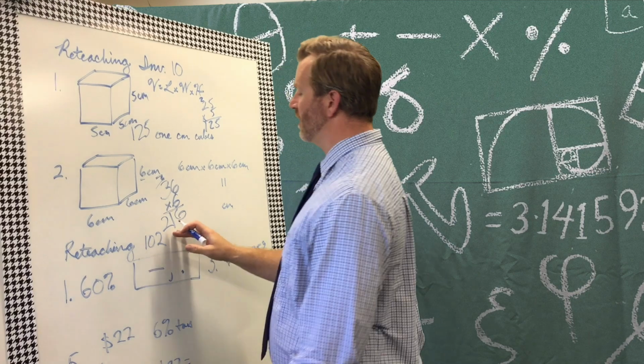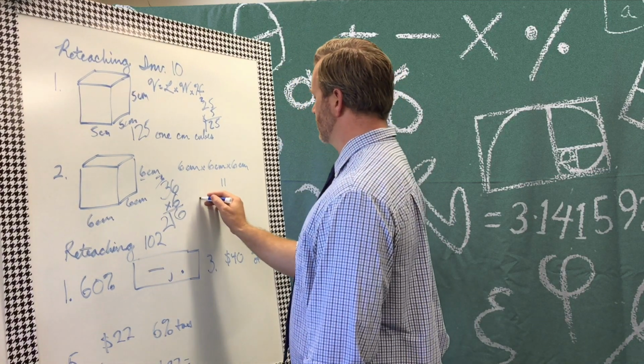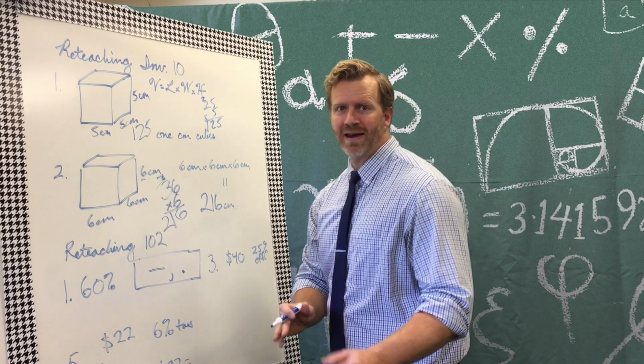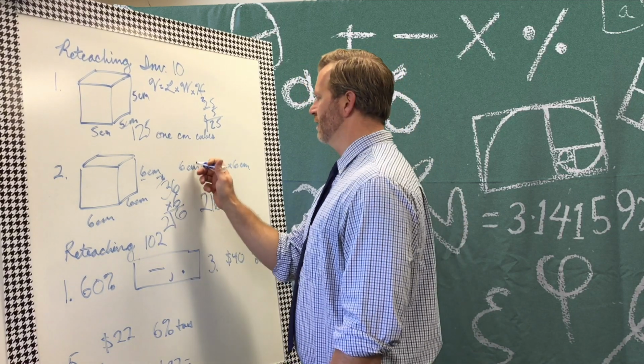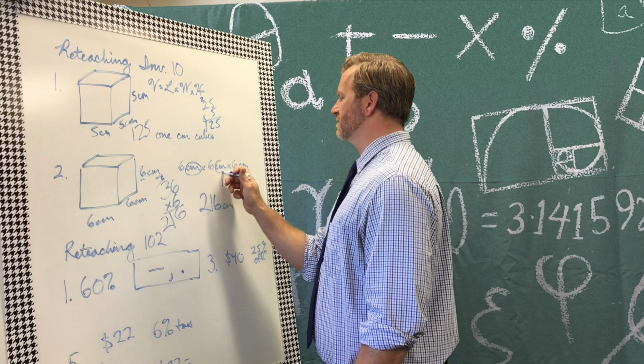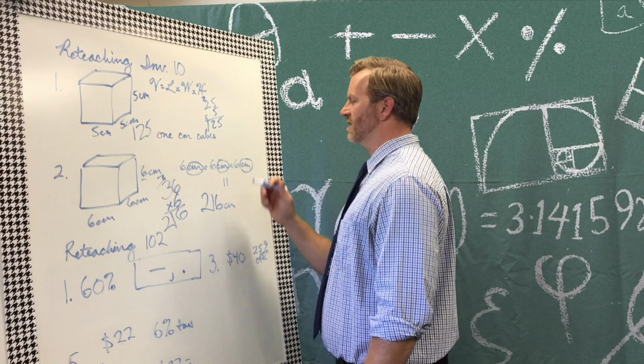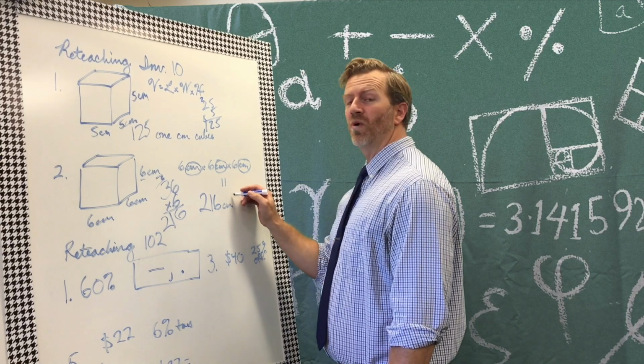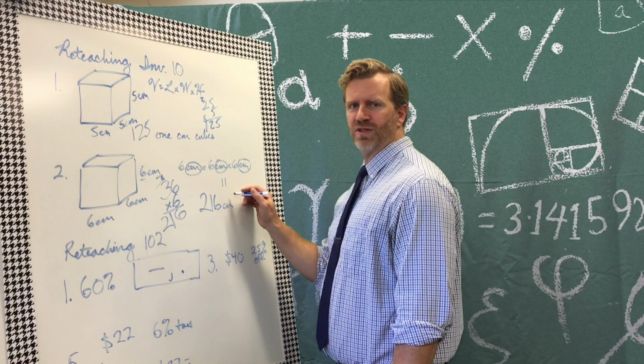So we got 216, so let's put that here, 216 centimeters. Now, super easy, here we go. We got 1 centimeters, 2 centimeters, 3 centimeters. So it's going to be 216 centimeters squared with a little 2 or cubed with a 3.